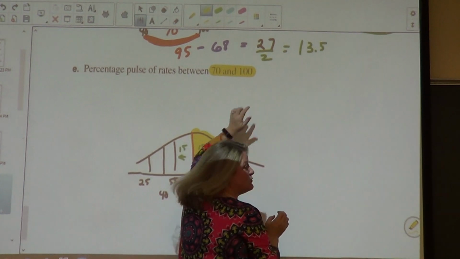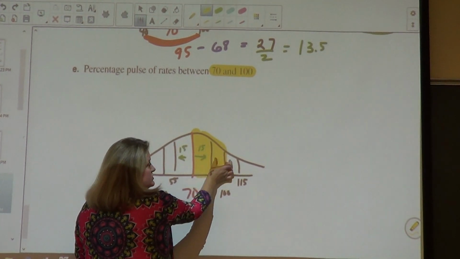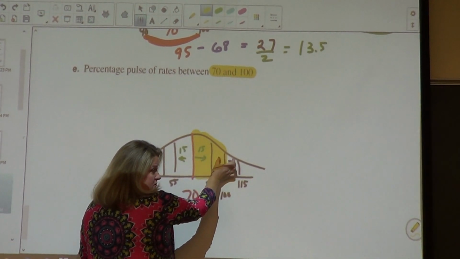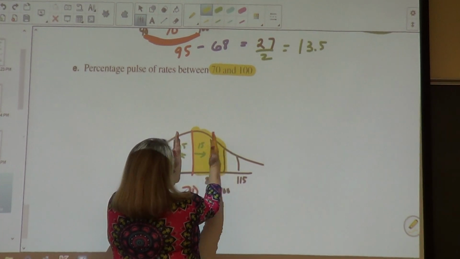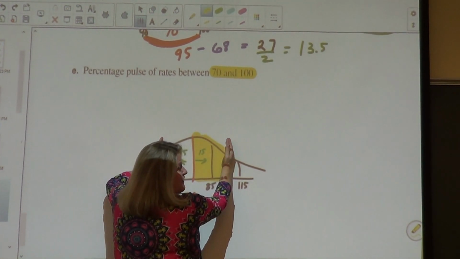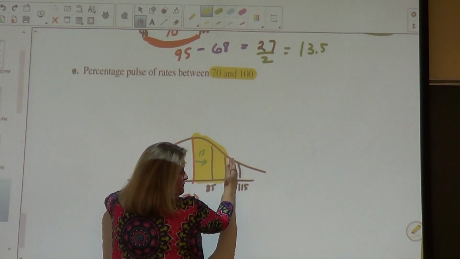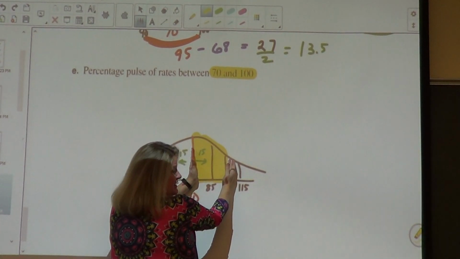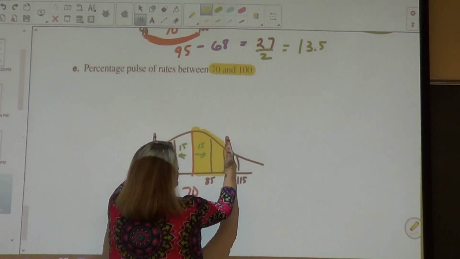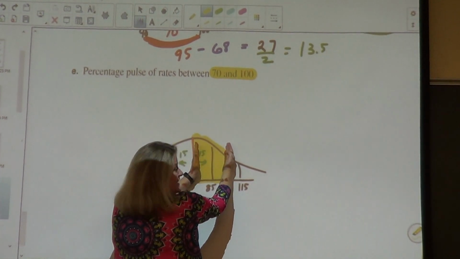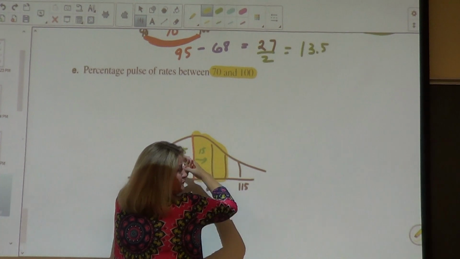So, 70 to 100, do you see that's a two? So that means 2 deviations is a 95 problem. Now, is it a whole 95 problem? It's half of a 95 problem. So this is going to be a 95 cut in half. That's it.